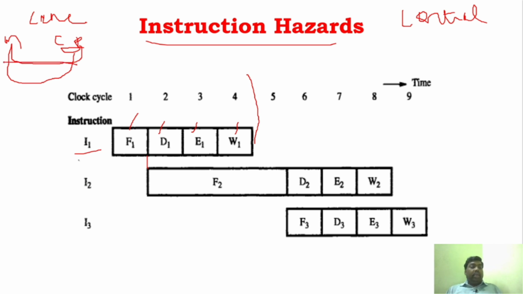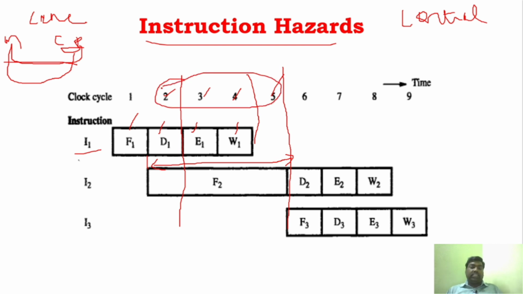You can see the fetching of this instruction takes 3 clock cycles, even 4 clock cycles here. Normally it would be completed at the 2nd clock cycle, but it takes until the 5th, that is 2, 3, 4, 5. It takes 4 clock cycles in total to complete the fetch phase itself.